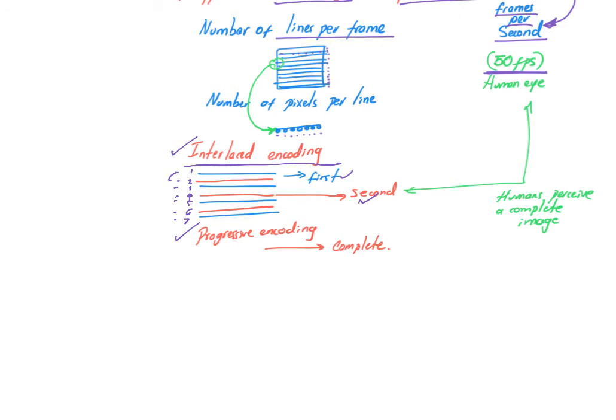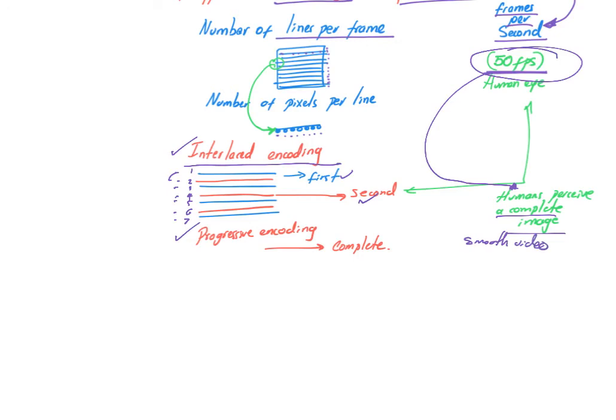I'm going to do that using this frame rate, and humans are not going to perceive any change. They're going to perceive not only a complete image but a smooth video.